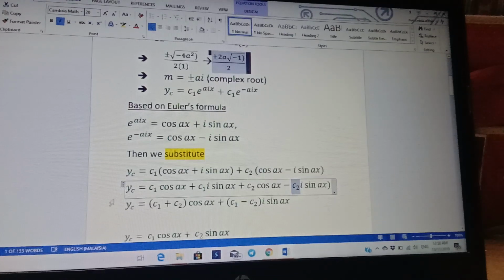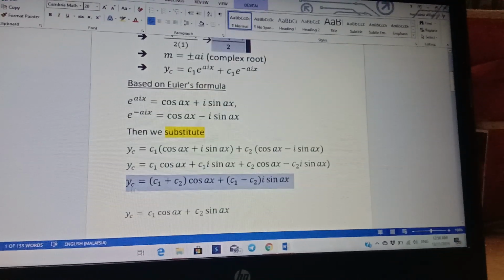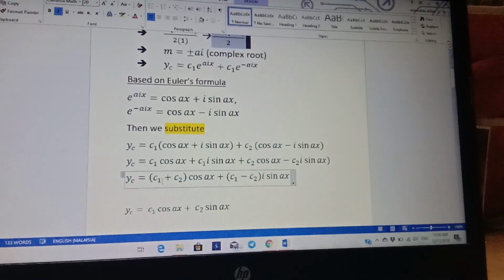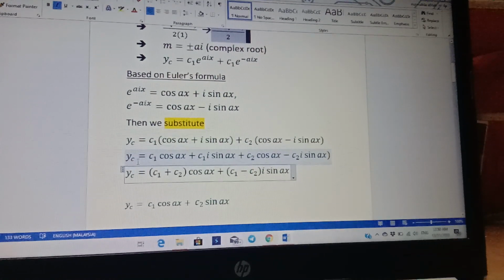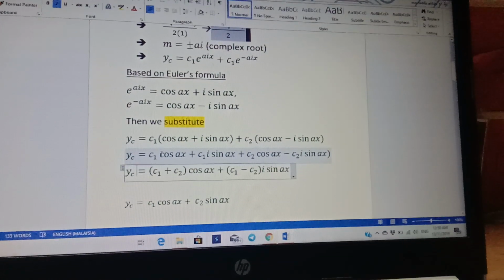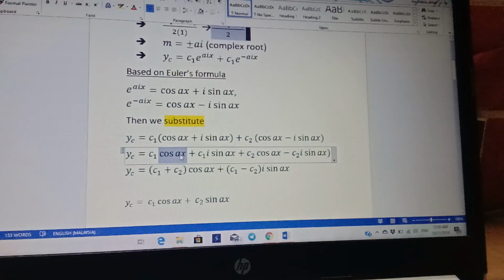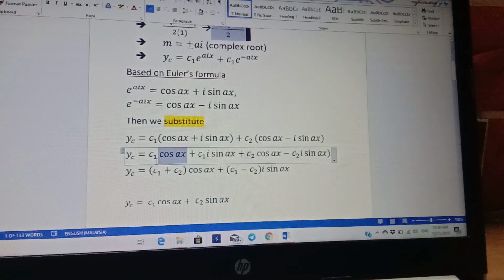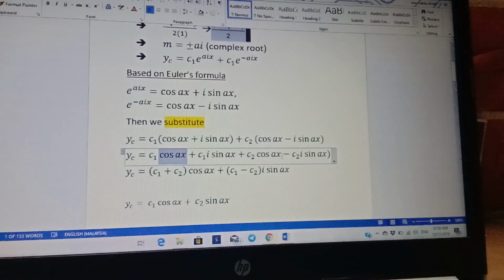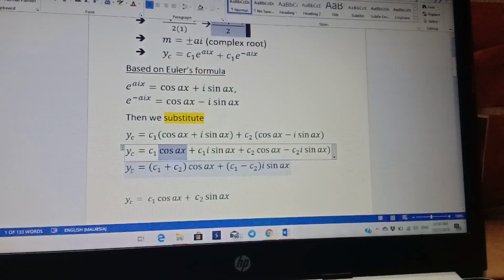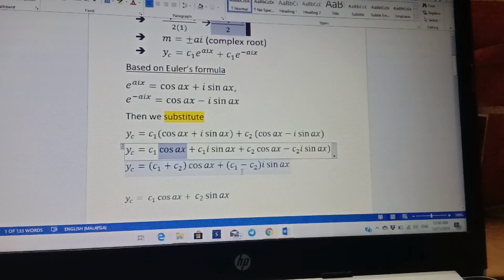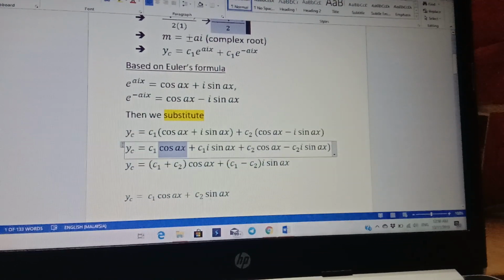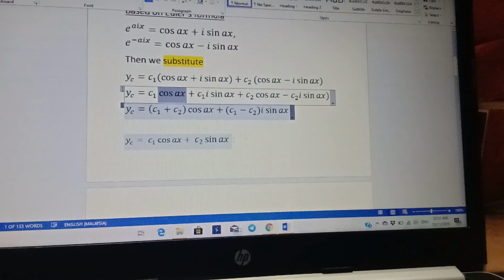Then we can factorize it. No, I'm sorry, we can partner the terms with the same trigonometry, which is c1 and c2 with cos ax. So we factorize and get c1 plus c2, which is considered as c1, and c1 minus c2 times i sin ax, which we consider as c2 sin ax.